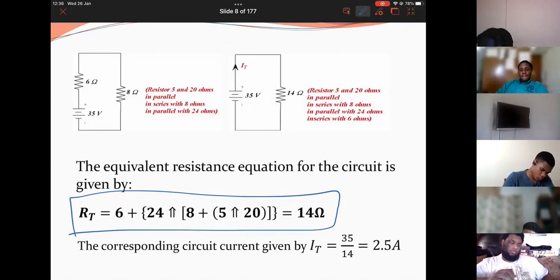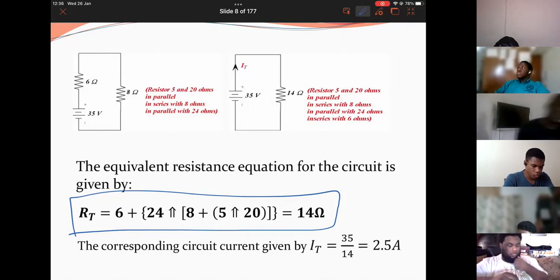Now the theorem says that we need to find the current in each branch. So similar to what we did last week, where we looked at how the current was divided among the branches, we will do the same with this current, this 35 over 14.